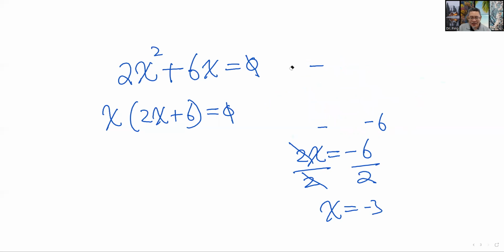Let's give another one. How about 2x squared minus 5x equals 0? How do we solve that?